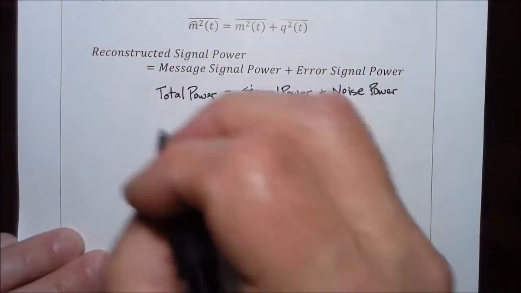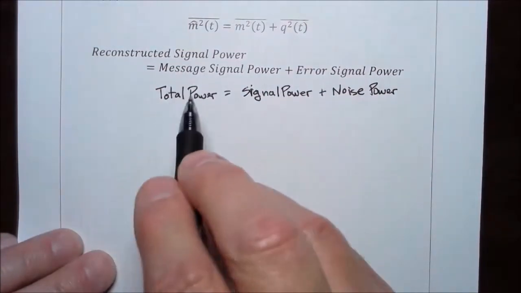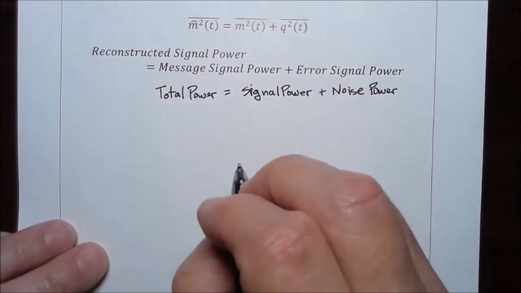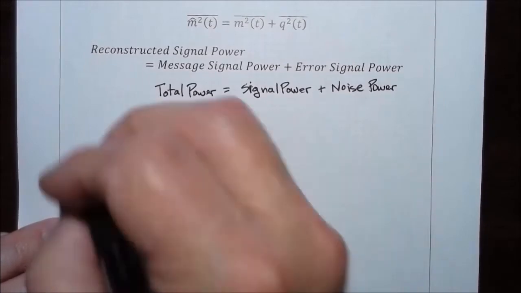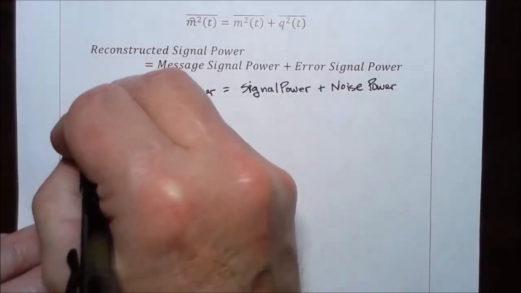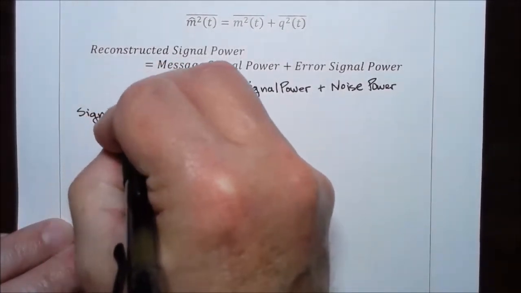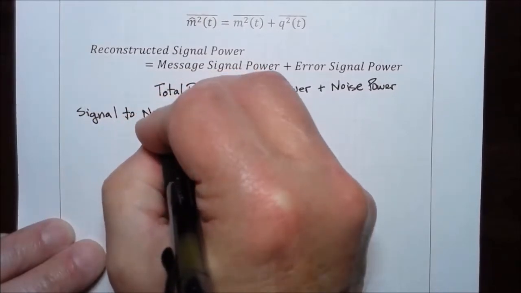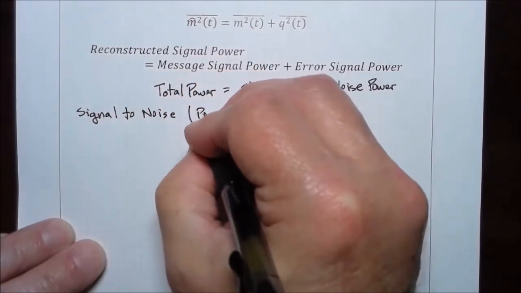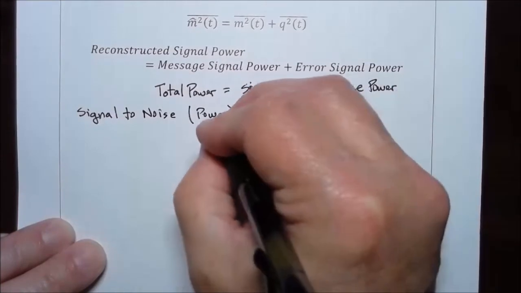The quality of such a signal can be measured using the signal to noise ratio. This is a power ratio.